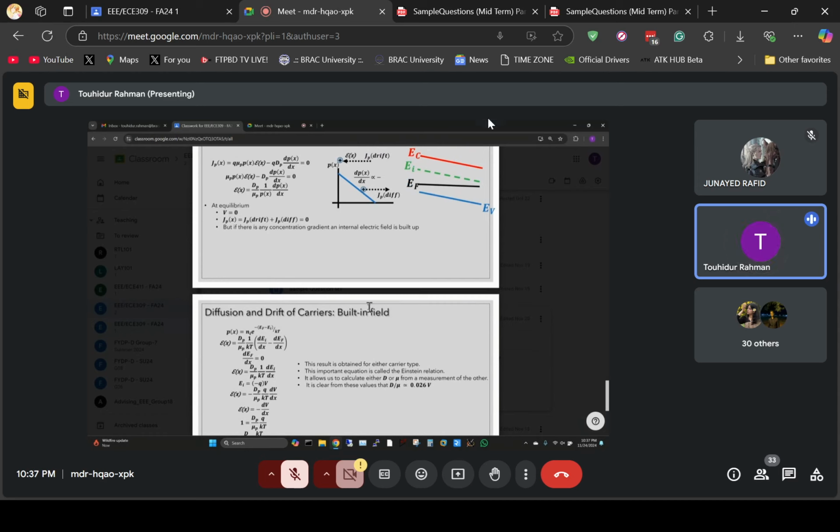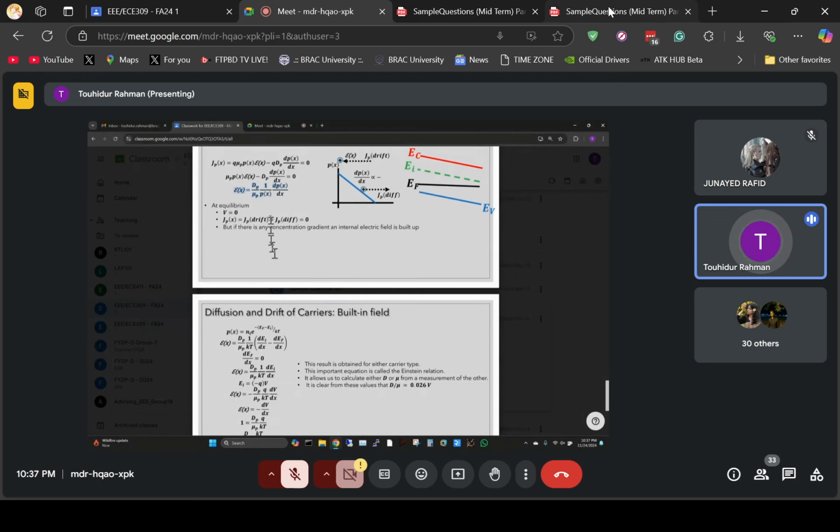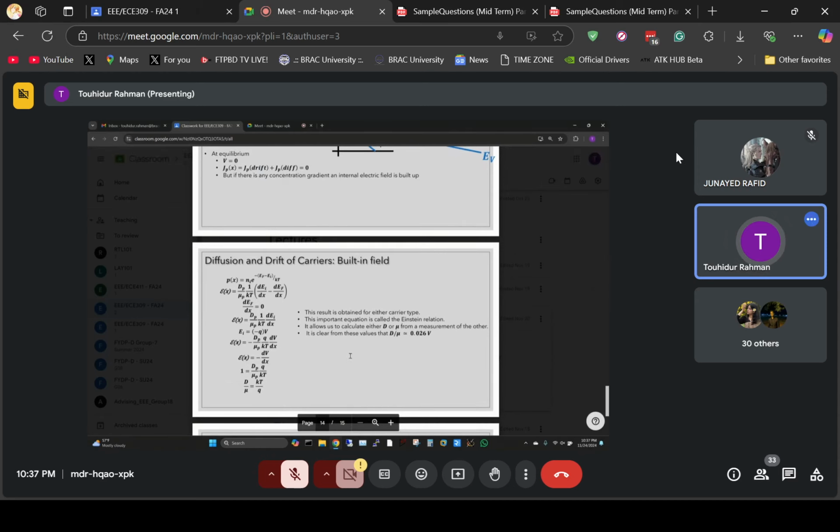What we do, we have the expression for electric field given by this equation. And we know electric field is equal to voltage divided by length. And also energy is given by charge times voltage. So we can relate the energy band with the electric field through voltage.